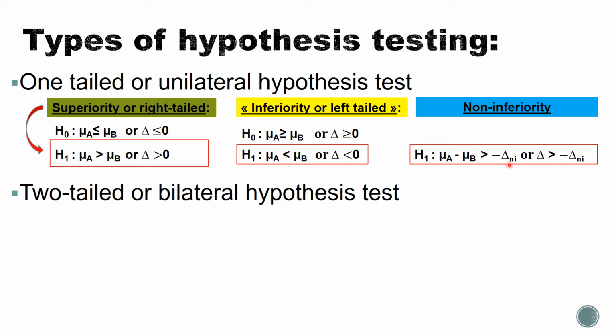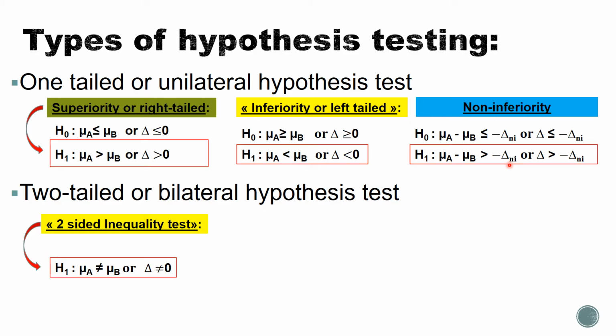You would only hear this in clinical research, but it's all part of statistics. So the null hypothesis would be that the difference between treatment A and treatment B is less than or equal to the non-inferiority margin that we've already defined, the opposite of the alternative hypothesis.